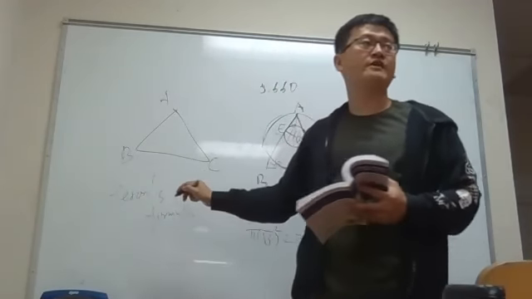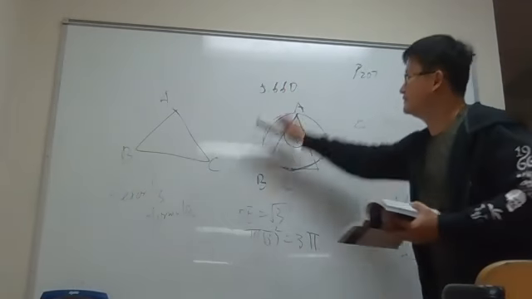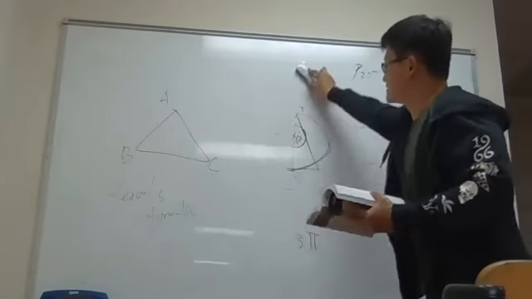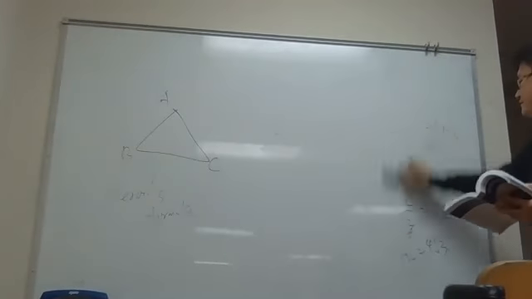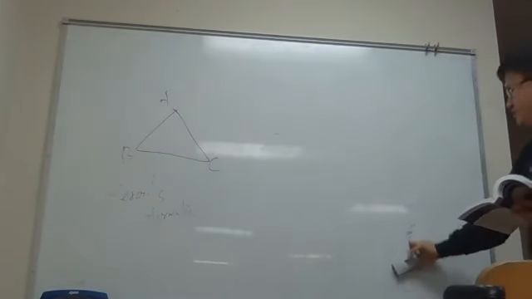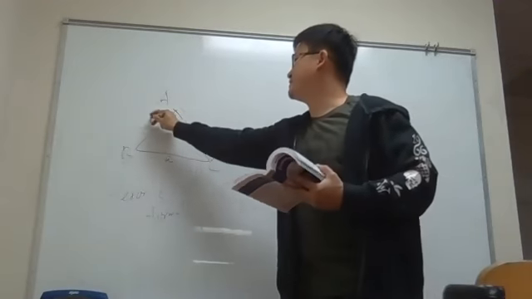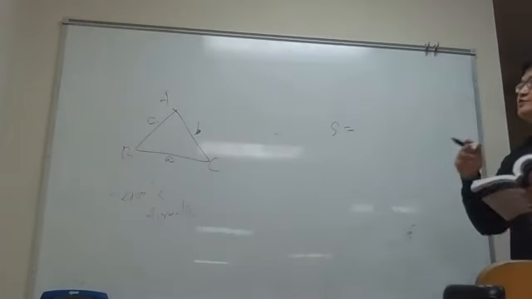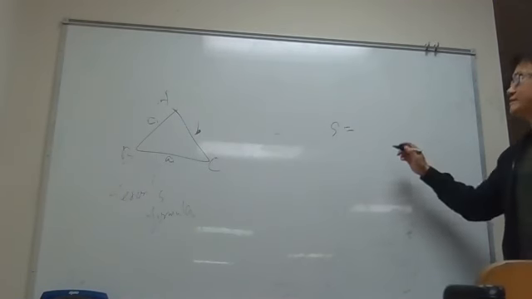So everyone know about Heron's formula? Okay. The semi-perimeter is S, right? So that's A, that's B, that's C. But normally for problems that you can work out using Heron's formula, you can always have alternative ways of doing it.